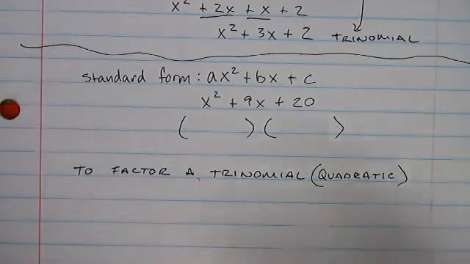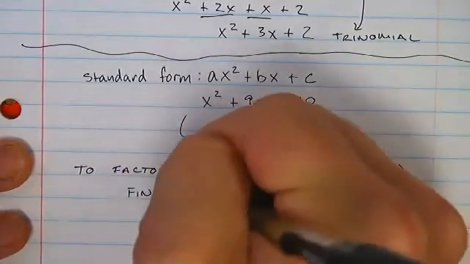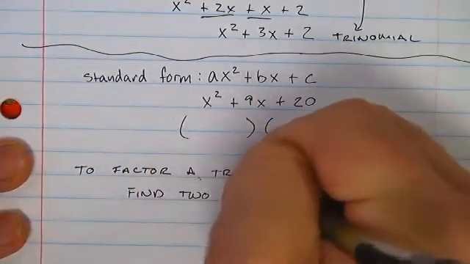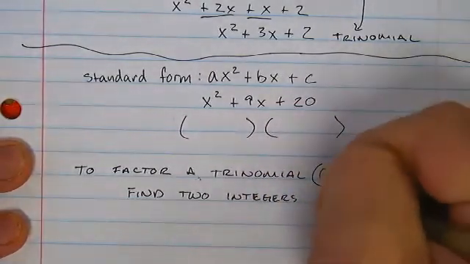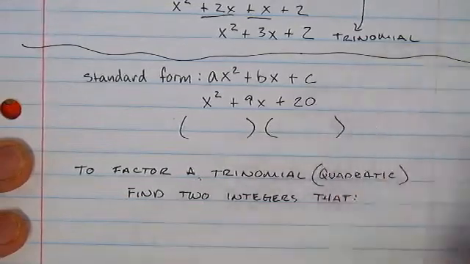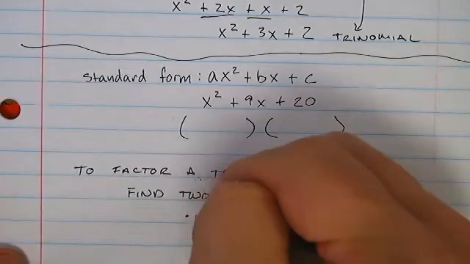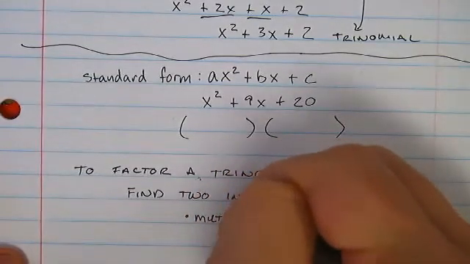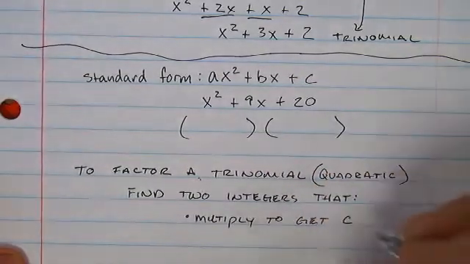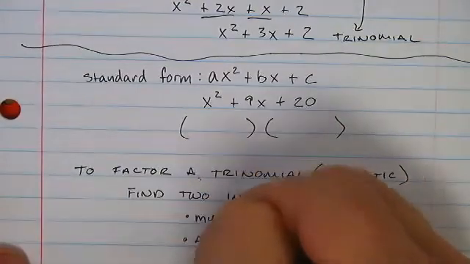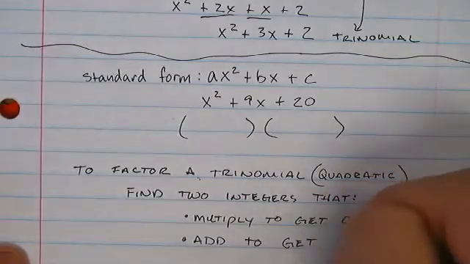To factor a trinomial, find two integers that multiply to get C, but add to get B. Okay.